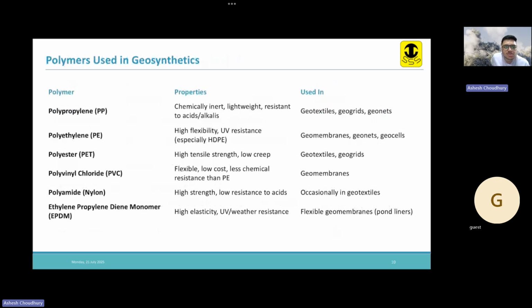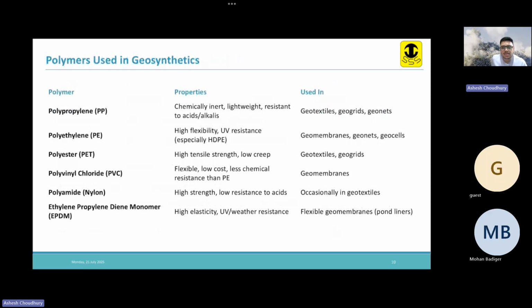So what are the polymers that are used in geosynthetics? We have polypropylene. Polypropylene is chemically inert, lightweight, and resistant to acids and alkalis. These are mostly used in geotextiles, geogrids, and geonets. Then we have polyethylene.